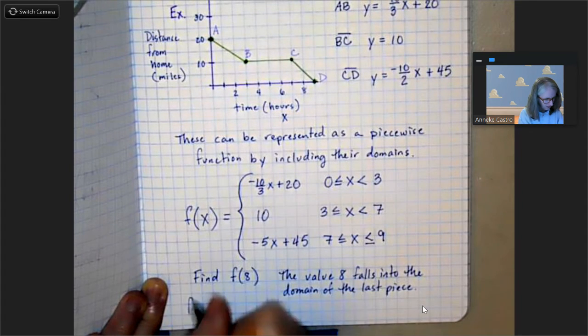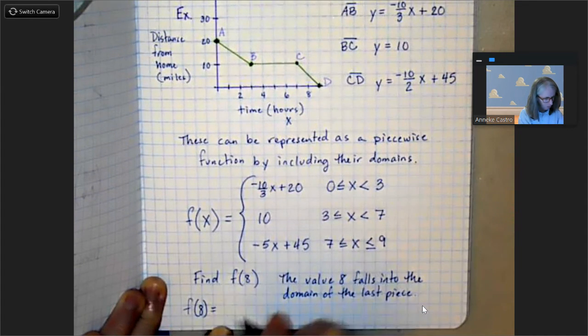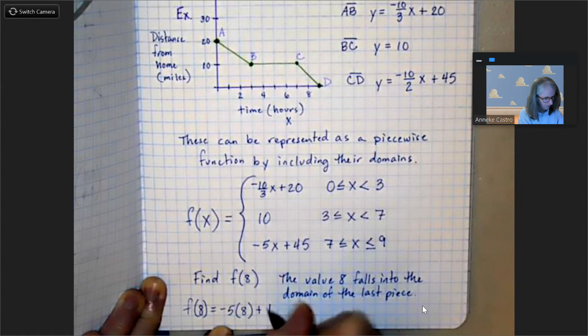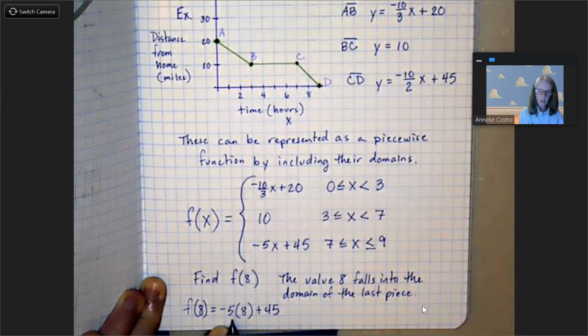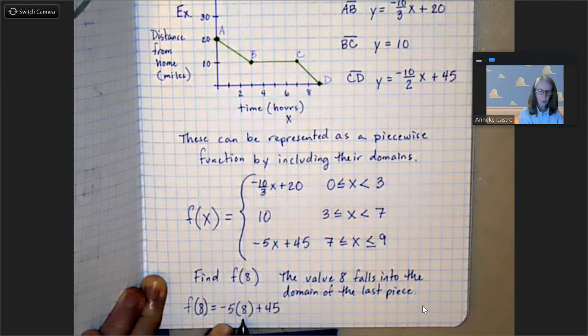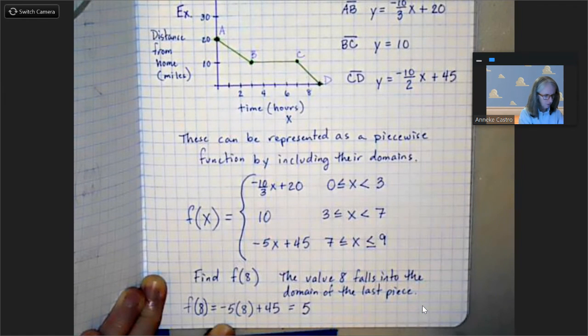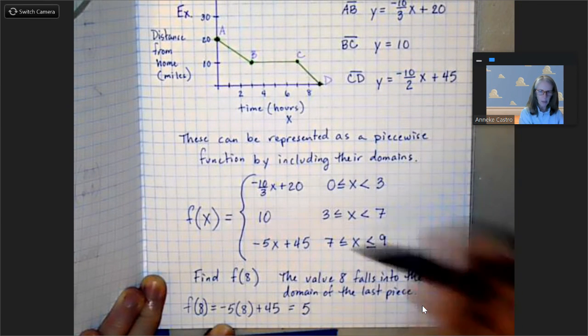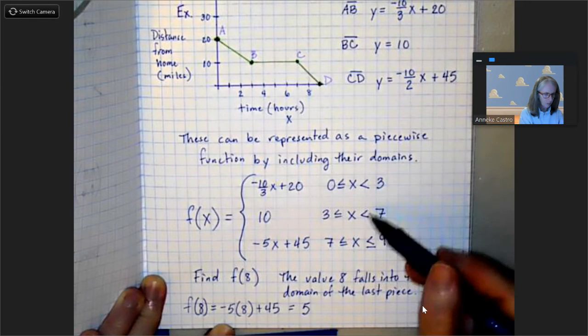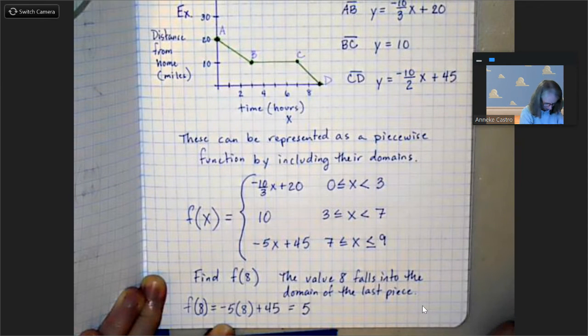So f of 8 is going to be equal to -5 times 8 plus 45. And -5 times 8 is -40. -40 plus 45 would be equal to 5. Okay, so we can evaluate a function at a value of x by making sure we select the right piece. So you have to inspect the domains to figure out which one you're going to use.